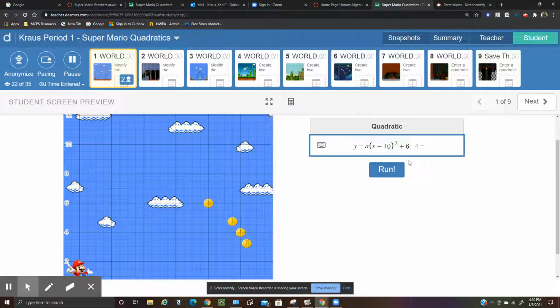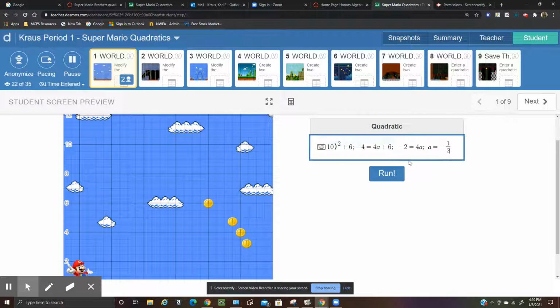So 4 equals A times 12 minus 10, that whole thing squared, plus 6. Computing what A is: what's inside the parentheses, 12 minus 10 is 2, squared is 4. So 4A plus 6. Subtract 6 from both sides, negative 2 equals 4A, and A is equal to negative 1/2.